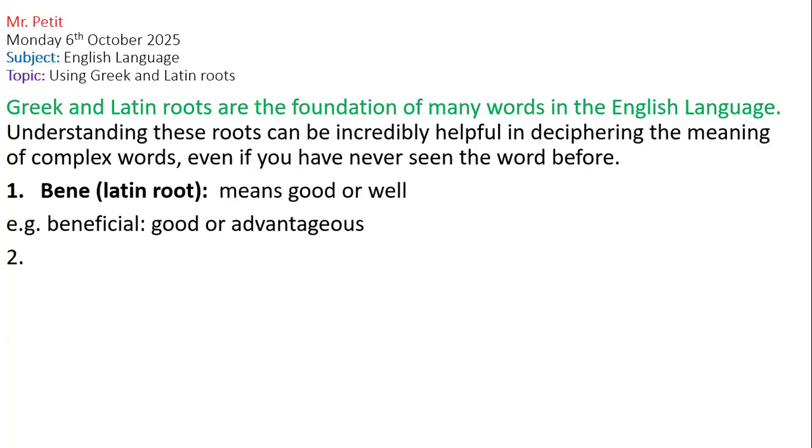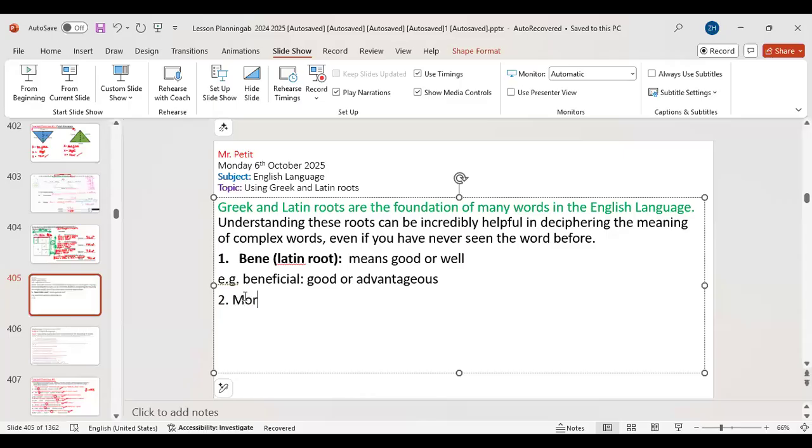Next, number 2 is morph. Now, morph is a Greek one. And what does morph mean? Transformation, very good. So this means form or shape.